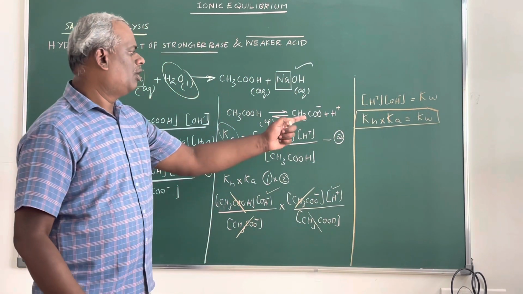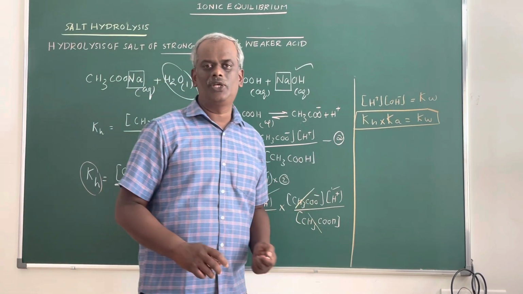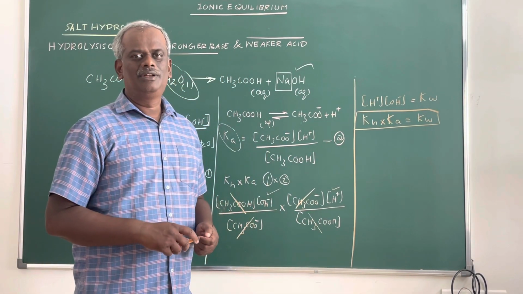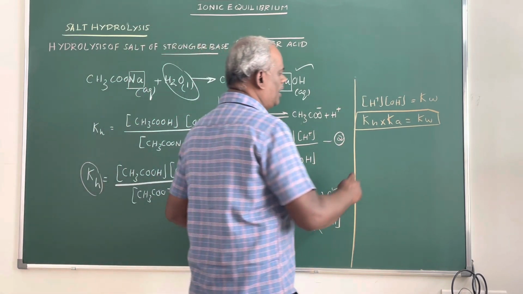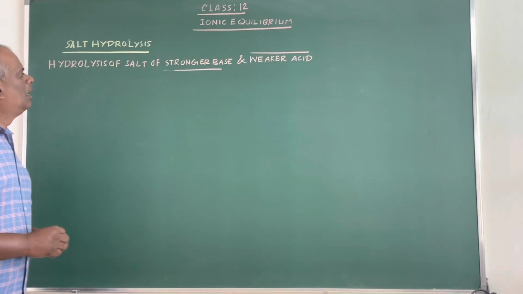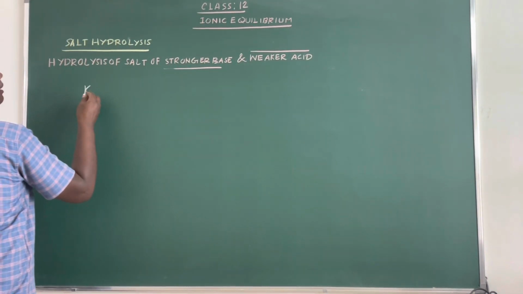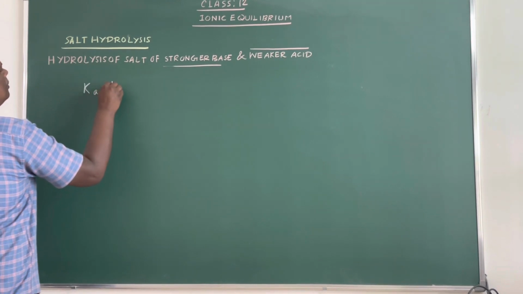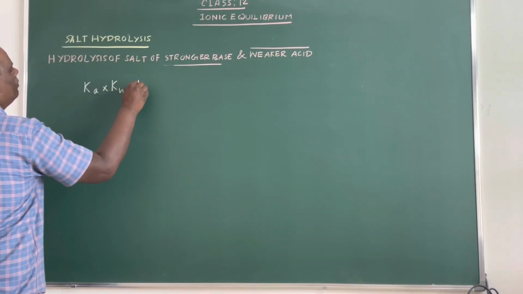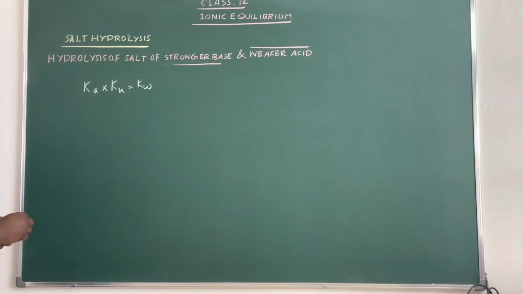The ionic product of water is equal to the product of the hydrolysis constant and the dissociation constant. And with the help of this, we can say that Ka into KH is equal to Kw, what we obtained previously.